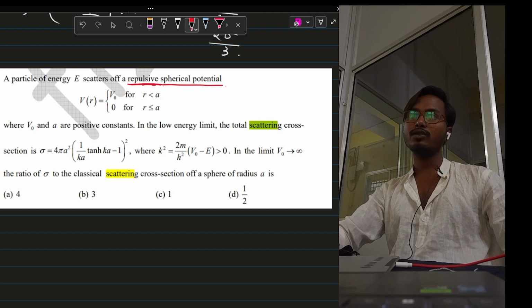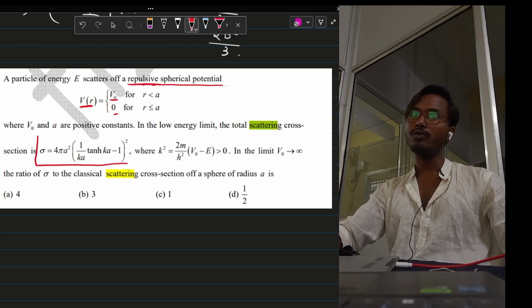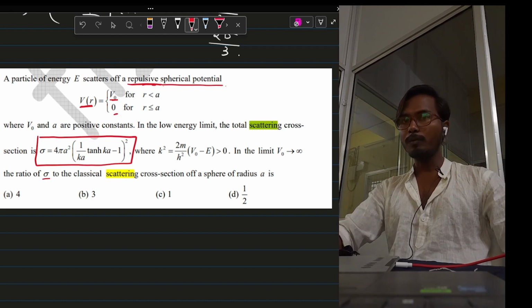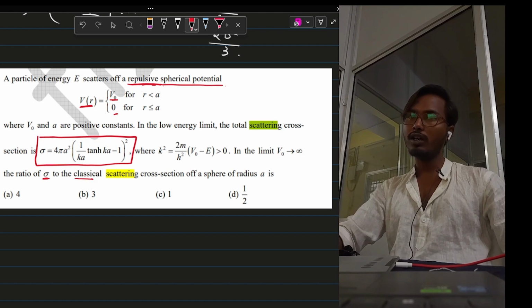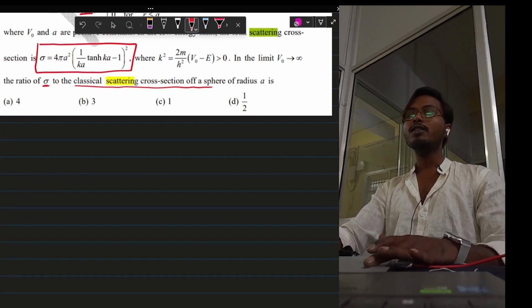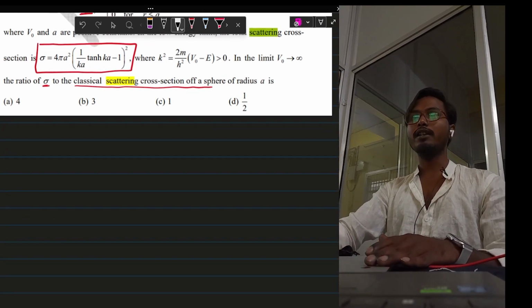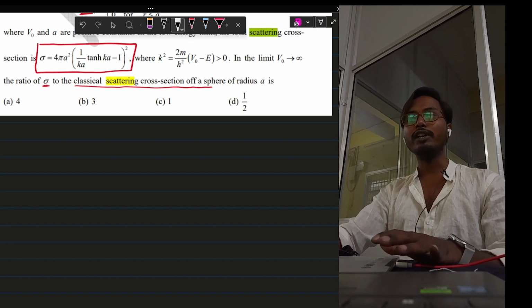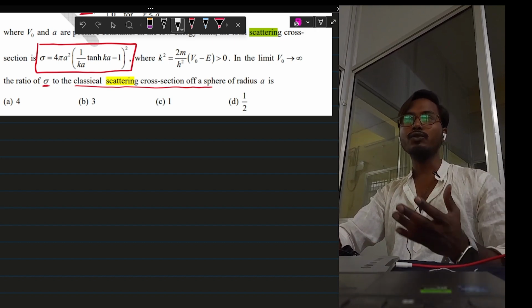So in this case, we have the potential here, and after solving this, we get this value. The question asks, what is the ratio of the total scattering cross section sigma to the classical scattering cross section of a sphere? For these questions, I don't expect you to solve this, but you must know the results.